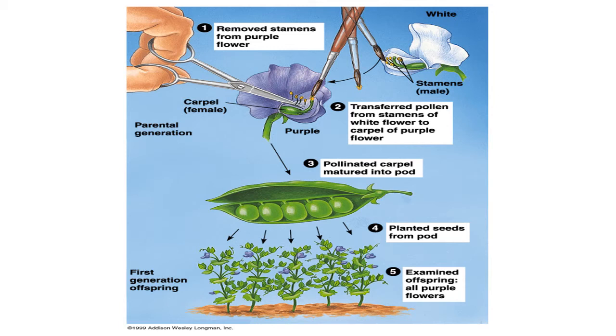At the time they thought it was a blending principle, which means that you would get a middle characteristic. So he thought he was going to get light purple flowers, but that wasn't how it went. He got all purple flowers exactly as purple as its parent.